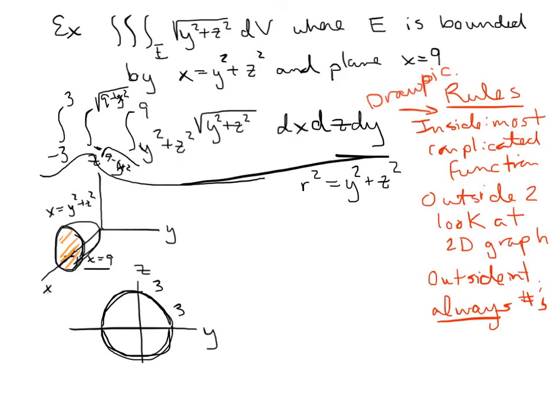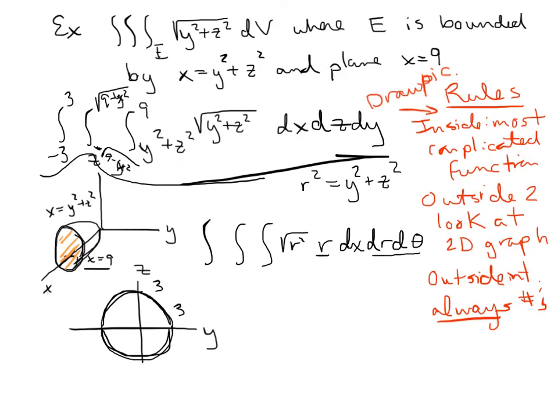So when I rewrite this integral, the inside part, y squared plus z squared, was r squared, and we're going to take a square root of that. I'll write out that we have square root of r squared. I'm going to multiply by another r, because when we switch over to dr and d theta, I need an extra r with that dr and that d theta.